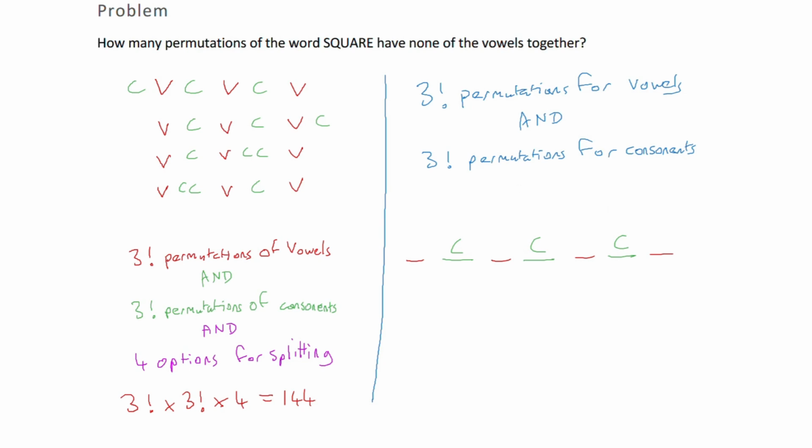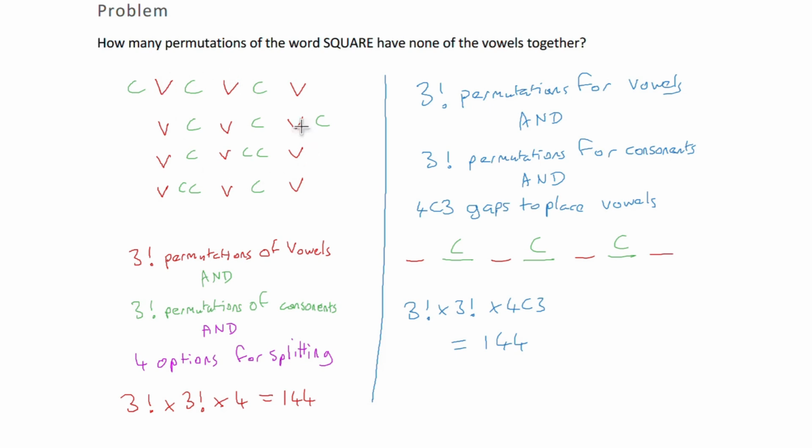So I'm also going to have 4 gaps, and I need to choose 3 of them. For the vowels, I get 3 factorial times 3 factorial times 4 choose 3. Now 4 choose 3 is equal to 4, so I'm going to get the same answer as I did there.